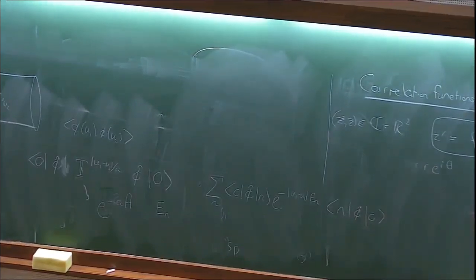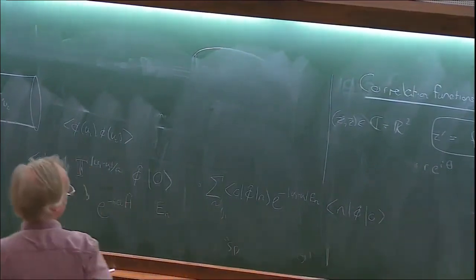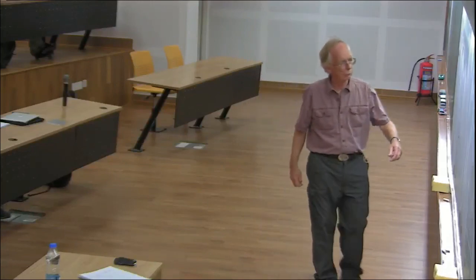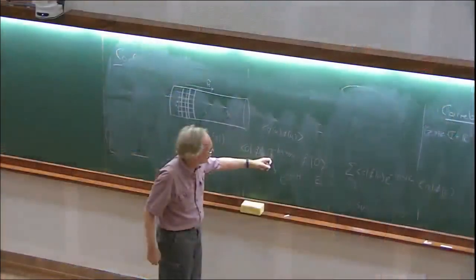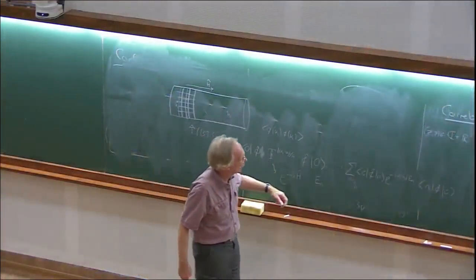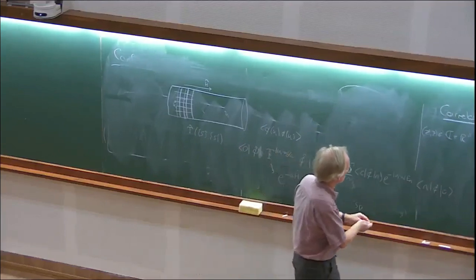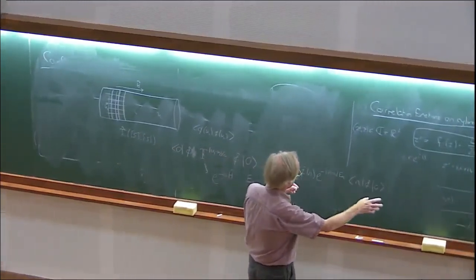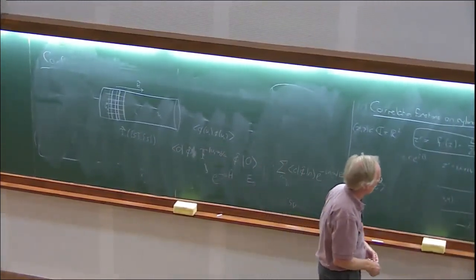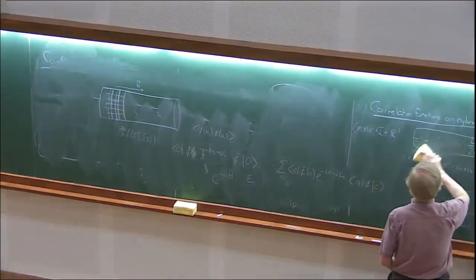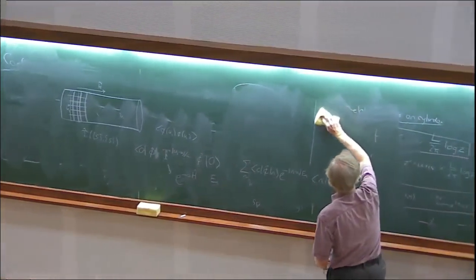So you see, by inserting a complete set of eigenstates of my Hamiltonian, or equivalently of my transfer matrix, I can read off the exponential decays as u1 minus u2 goes to infinity.